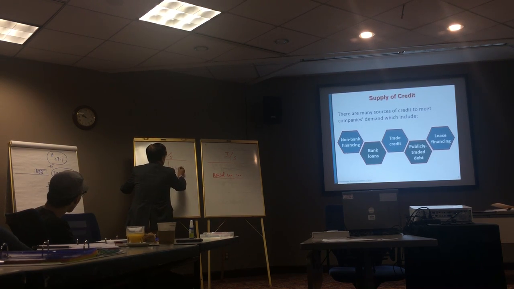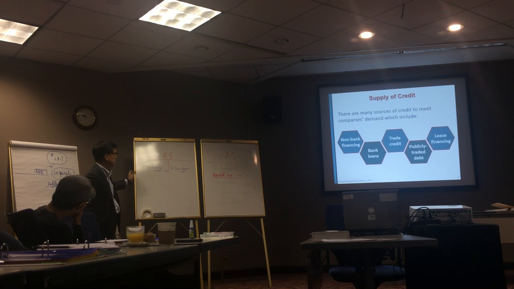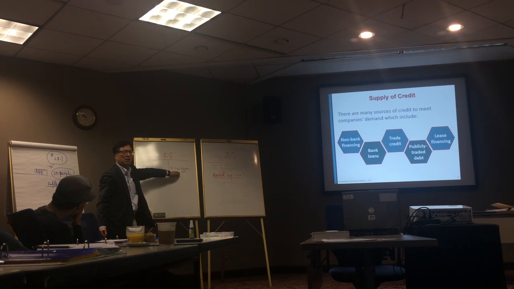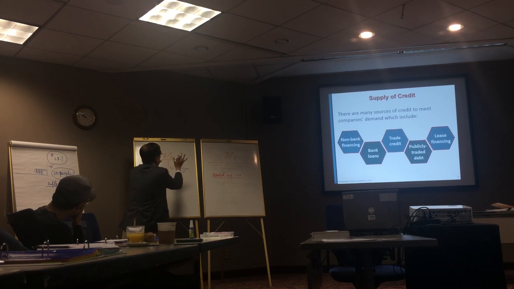Long-term lease obligation here, the present value of the long-term lease payment obligation must be here, and 30 aircraft, millions of dollars, that will ruin your debt ratio easily. That's why they try to avoid this.